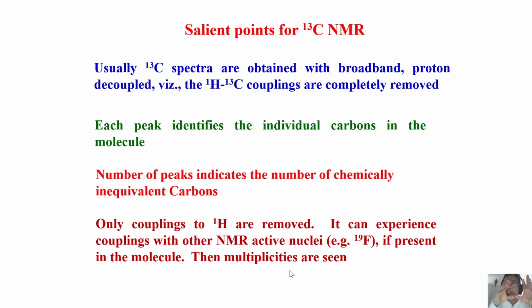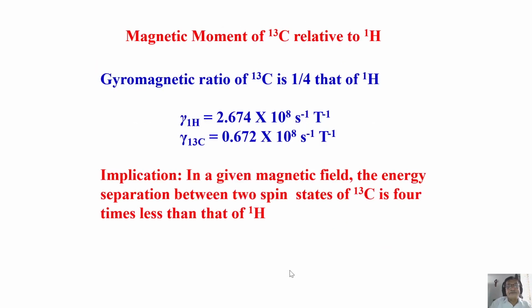Very interesting. Or I want to retain carbon-proton couplings and remove fluorine couplings. I will remove fluorine couplings. It's possible. I can play with it. This is the beauty of NMR. I can play with the nuclei. I can remove the coupling of a specific nucleus and observe that. So that is what broadband decoupling of heteronuclei is. I'll come to that later.